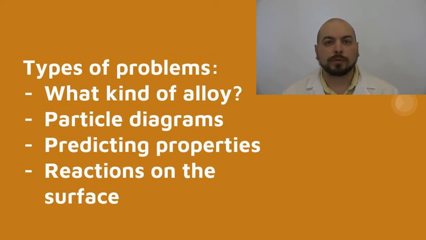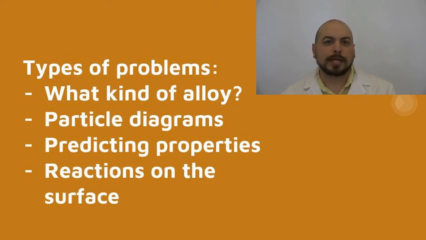They're going to give you the relative size of two atoms involved, and it's going to be your job to make the decision whether to draw it as substitutional or interstitial and how to diagram it out such that, remember, in a homogeneous solution, the atoms are going to be evenly and somewhat randomly distributed throughout the entirety of the compound. So with alloys, drawing particle diagrams is definitely a problem that you're going to see this year.